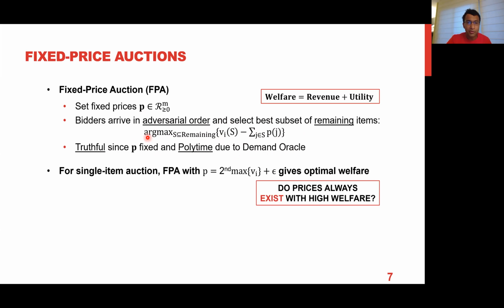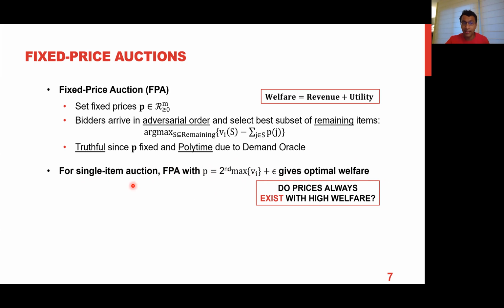Good. So now why is this interesting? A simple example: suppose you're selling a single item, and you want to give the item to the person who values it the most. If I set the price to be the second highest valuation among all the bidders, plus an epsilon tending to 0, then this will already give me the optimal welfare. Simply because only the highest bidder is going to be willing to pay this much and nobody else.